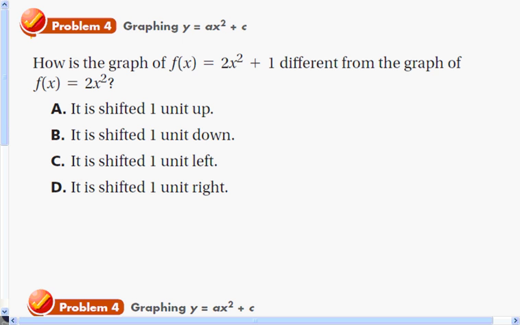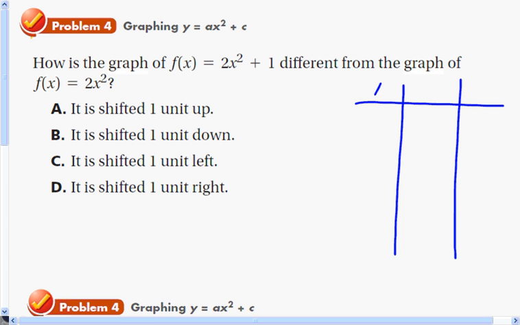Now, how is the graph of f of x equals 2x squared plus 1 different from the graph of f of x equals 2x squared? Let's just look at some values, output values, and check that out. So if I do 2x squared here and 2x squared plus 1 for outputs, and I'm just going to pick some simple numbers, 0, 1, 2, 3, so on. 2x squared is just 0, and so this one is just 1 more than that, so 1.